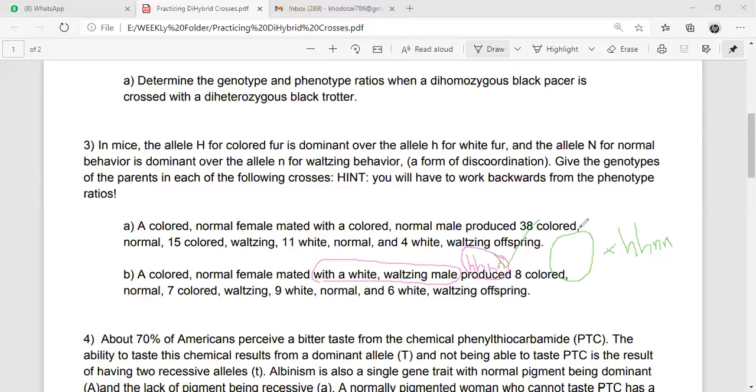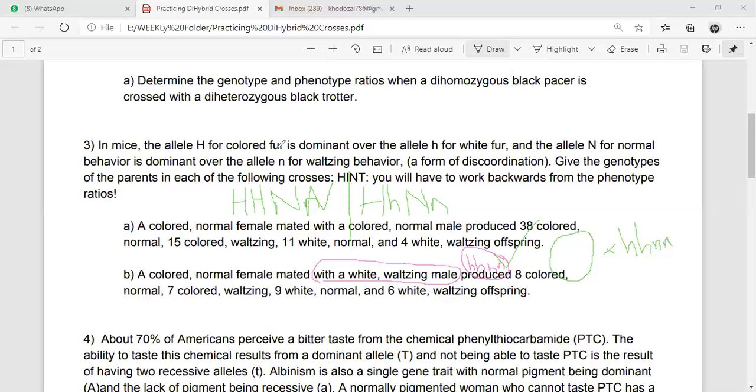Now this is a colored normal female. We do not know whether she is capital H, capital N, small n, or capital H, capital H, capital N, capital N, or some other genotype.